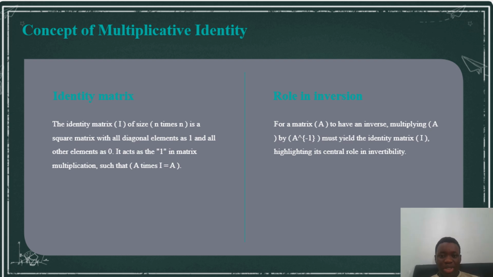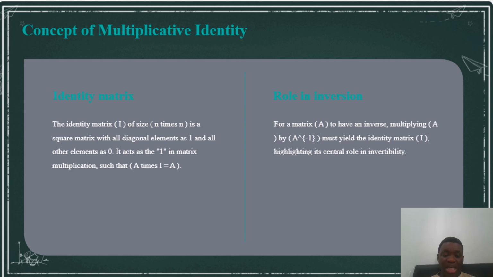Concept of multiplicative identity. Identity matrix. The identity matrix I of size n times n is a square matrix with all diagonal elements as 1 and all other elements as 0.